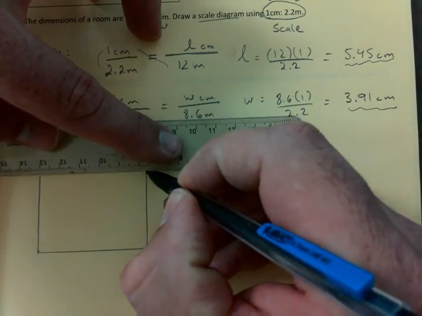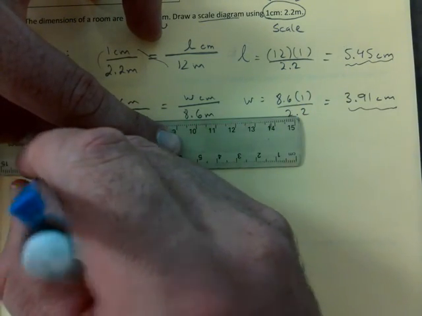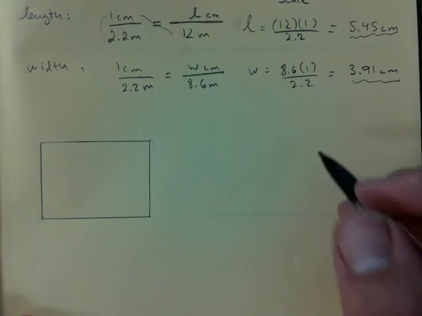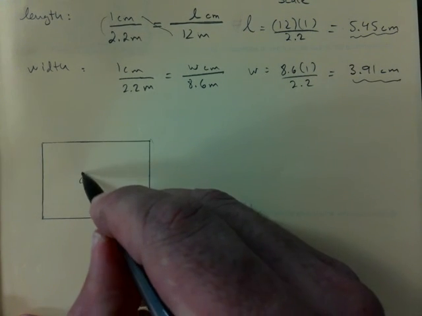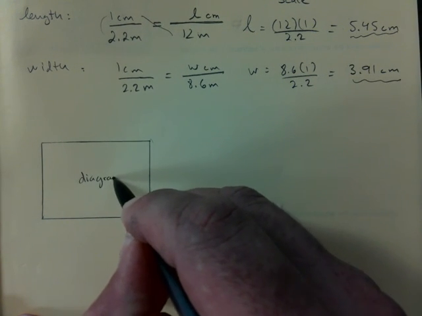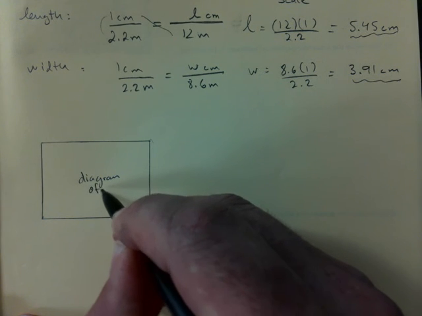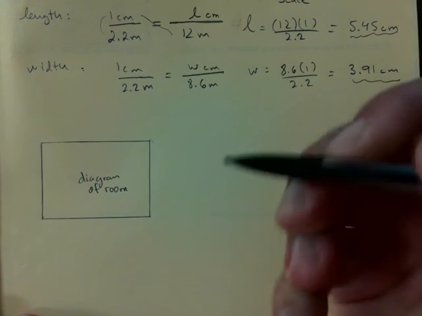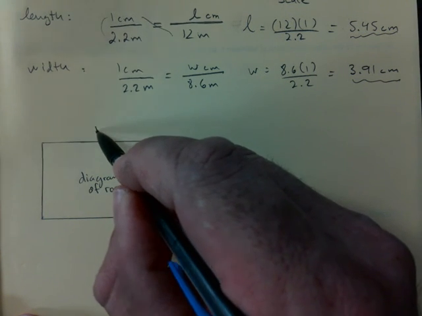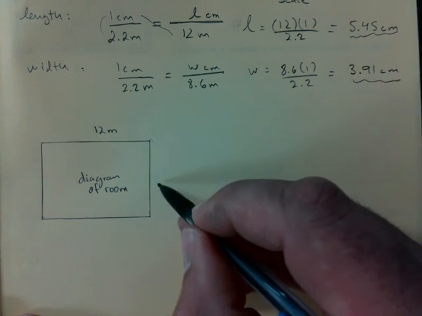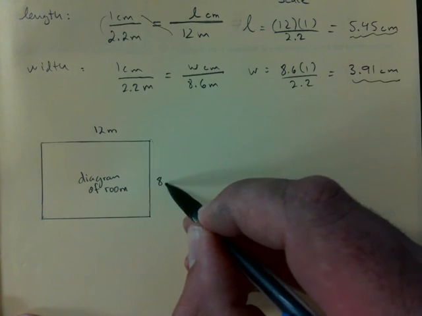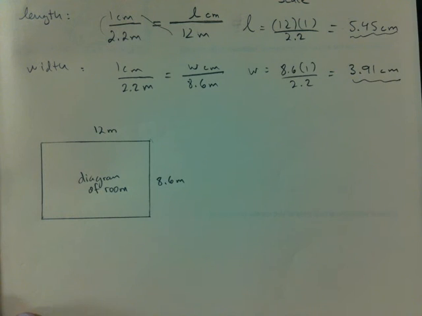Okay. So then I close it. So this is a scale diagram of the room. And this side will be 12 meters, and this side will be 8.6 meters. Okay.